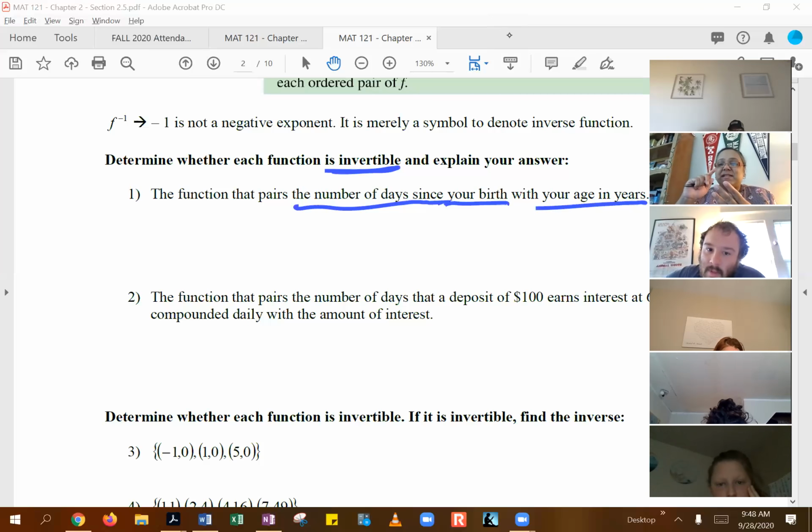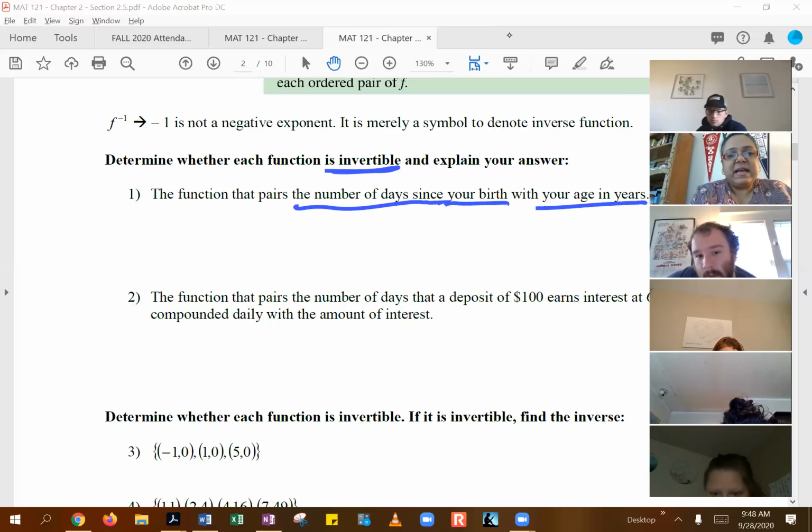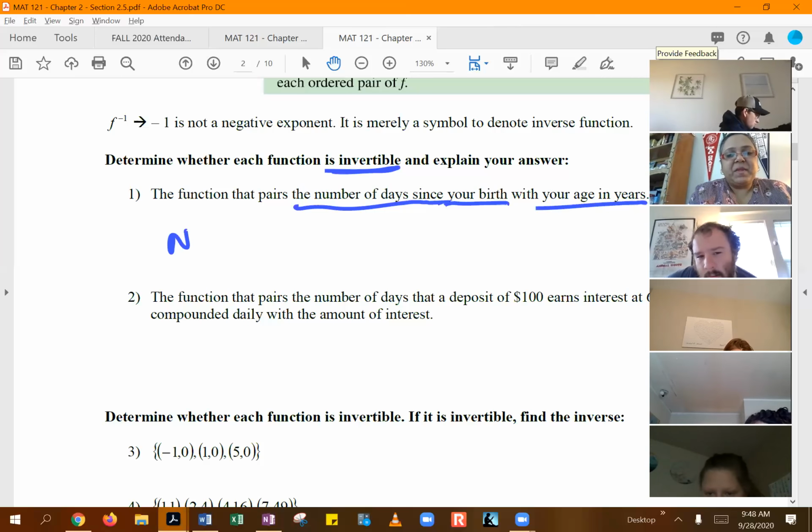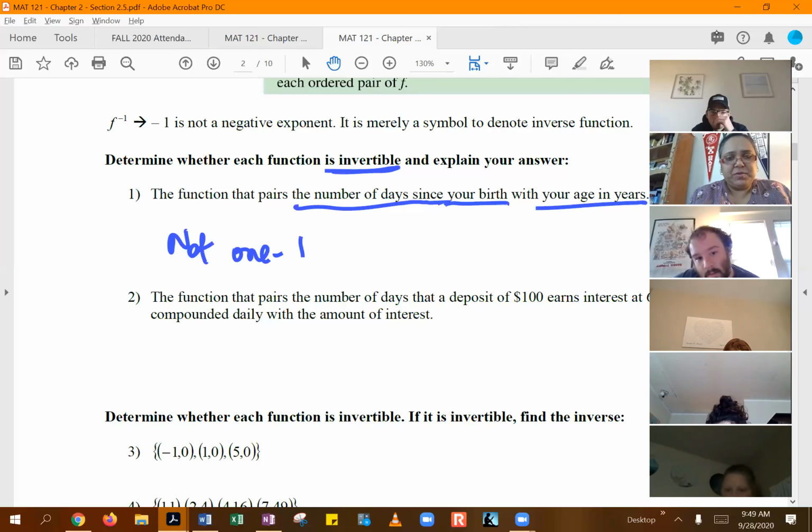So for the same Y value, you will end up with 2 different X values. In this case, we're taking the Y value to be the age and the number of days to be the X value. If in either direction that relationship does not work, it's not one-to-one. So this is actually a not one-to-one function, which means it's not invertible.